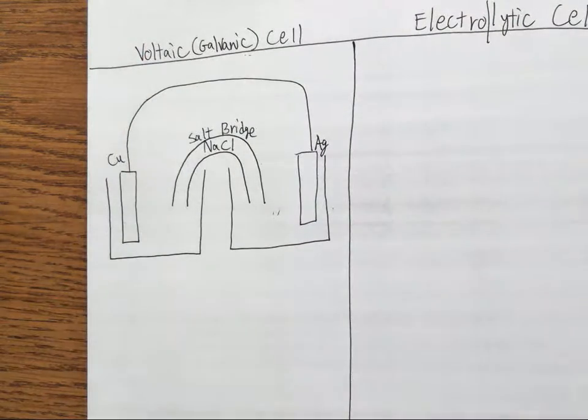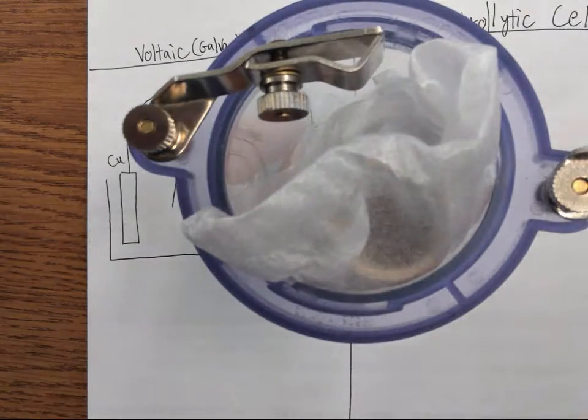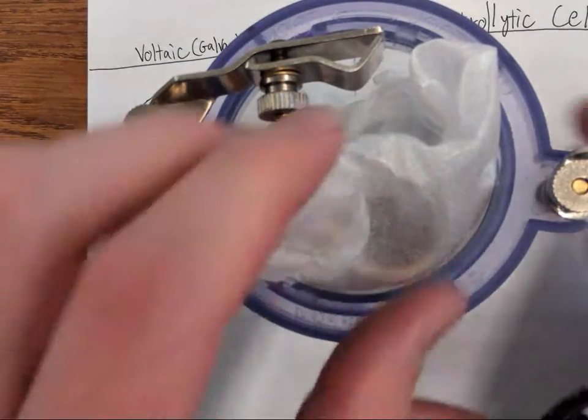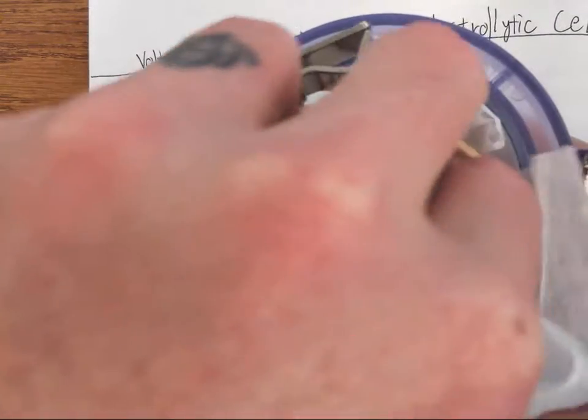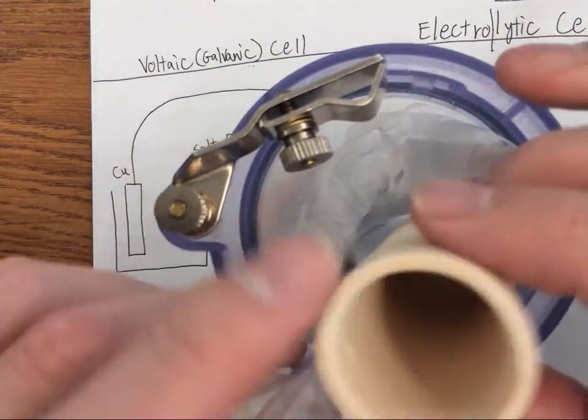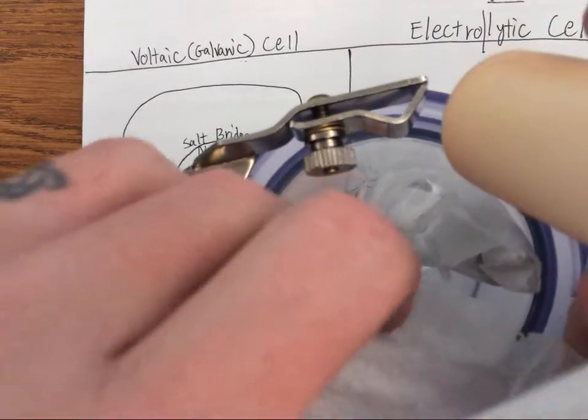Now we're actually going to be making these cells. And they're going to look like this. So when we make these on Thursday, they're going to look a little different from the one that we're talking about right now.